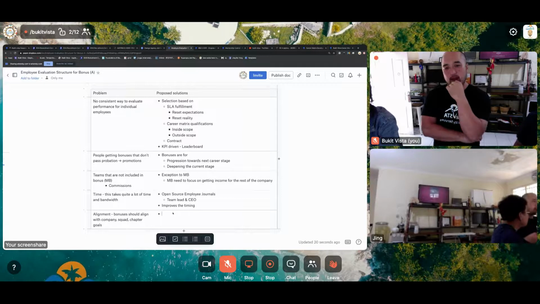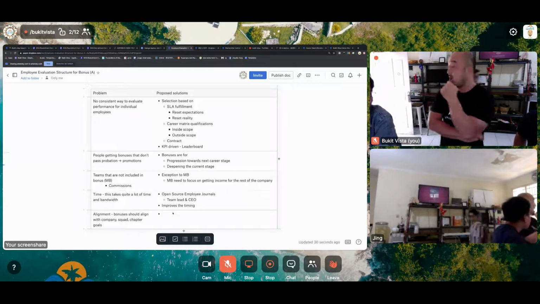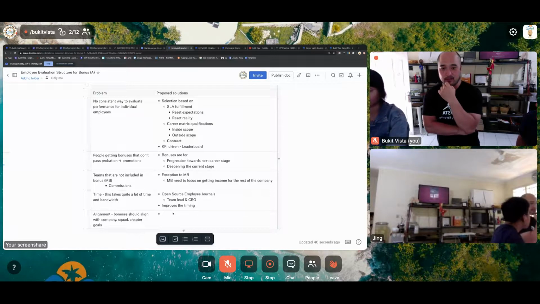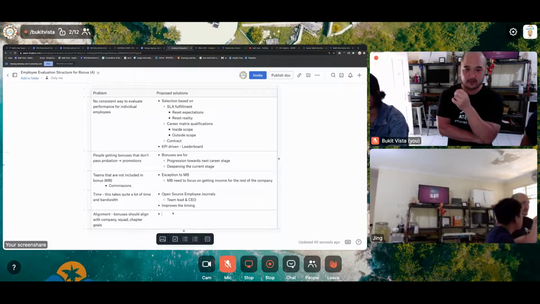Okay. Reset expectations. Sometimes, for example, in the lease case, I thought that her case of actually getting a person to do market building was better for an internal hire than an external hire. So that could be a reset of expectations too.